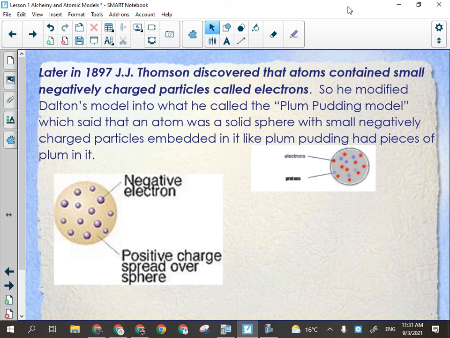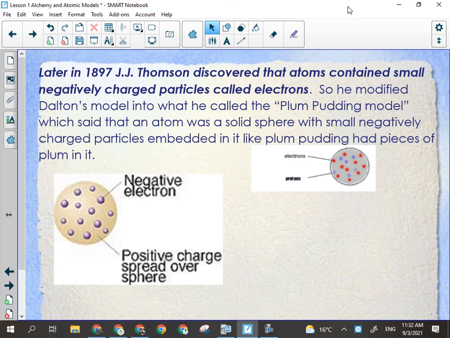But then as people started doing more and more experiments, especially with electrochemistry, where chemical reactions are producing electric currents, which are caused by moving charged particles, okay, the solid sphere model can no longer explain that. It does not explain where these moving charged particles come from.